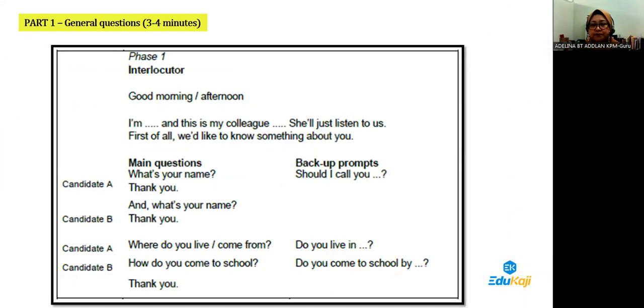In set two, like what I've mentioned earlier, the first part is the general question, again 3 to 4 minutes, and the question is the same: your name, where do you live, your self-introduction.